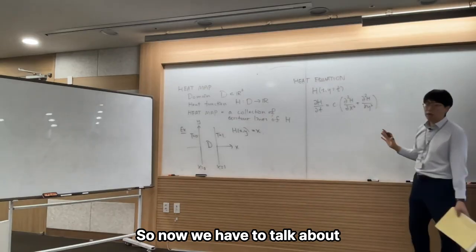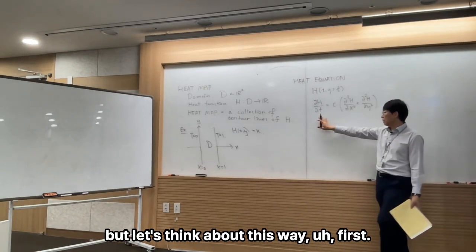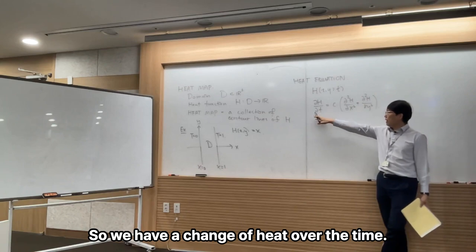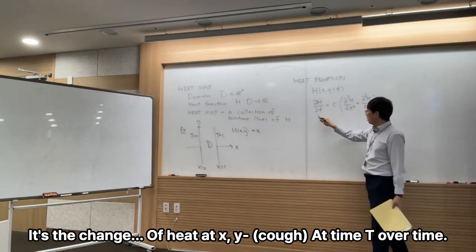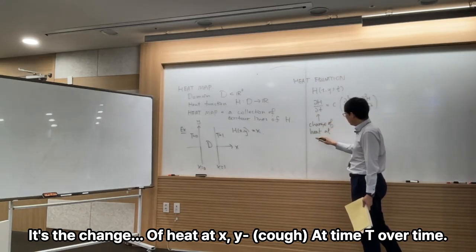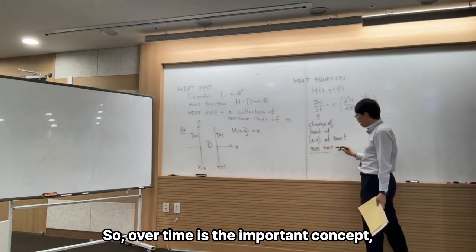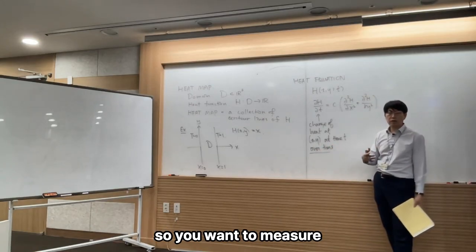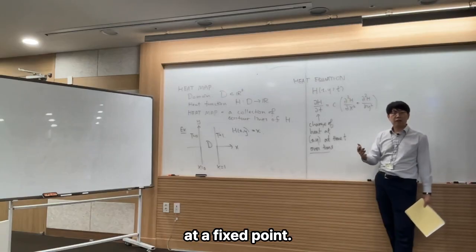So now we have to talk about the higher order derivative here, but let's think about this way first. So we have a change of heat over the time. So what does it mean? It's the change of heat at x, y at time t over time. So over time is the important concept. So you want to measure the change of your temperature over time at a fixed point.